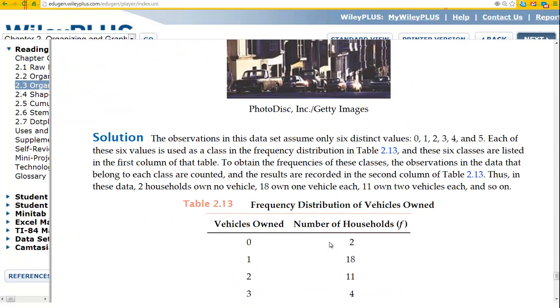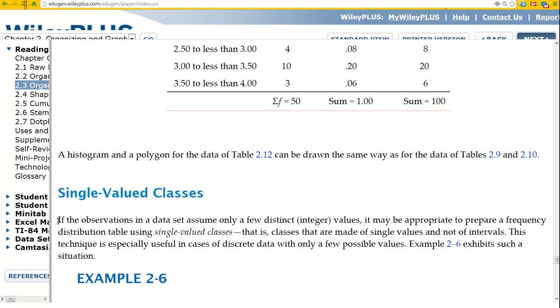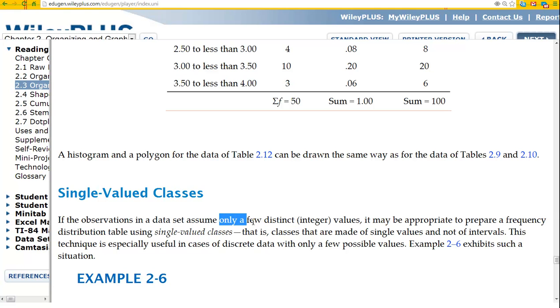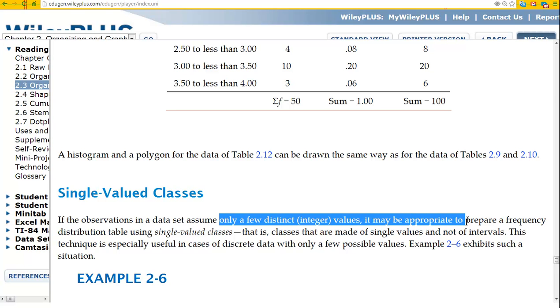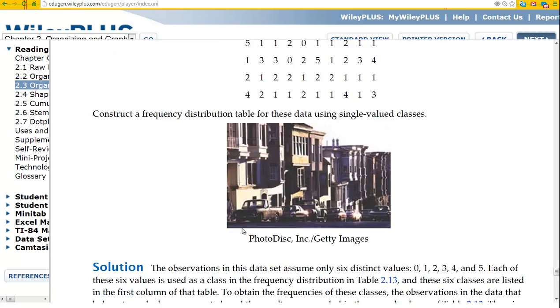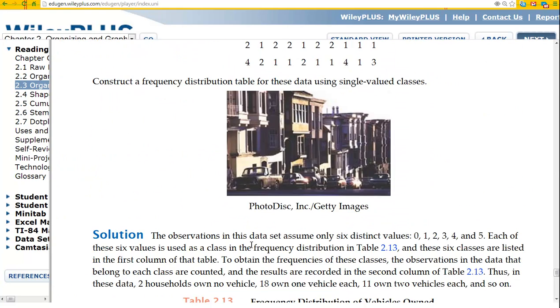Okay, so what do they say about this? If the observations in the data set assume only a few distinct integer values, it may be appropriate to prepare a frequency distribution table using single-valued classes. So the classes are just 0, 1, 2. It's not an interval.